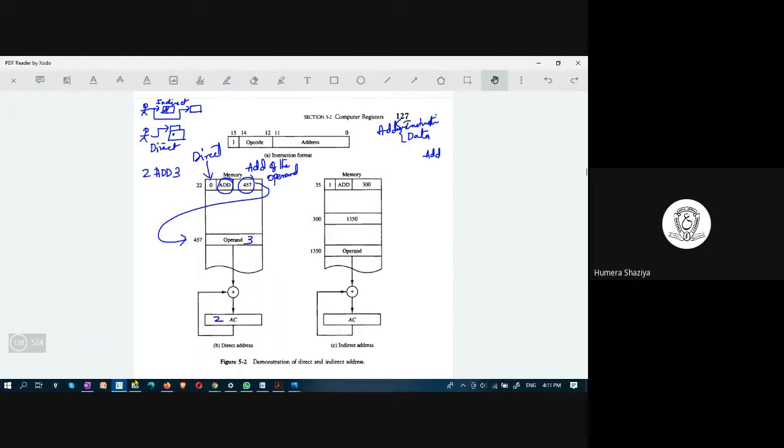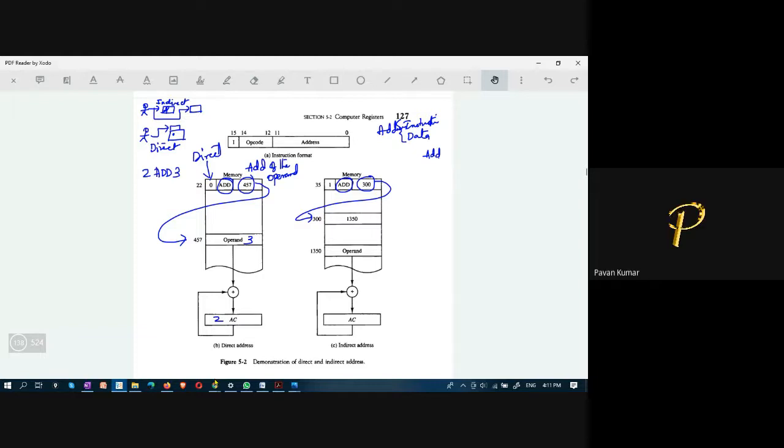Now coming to indirect address, you see here we have the operation add and the address 300. When you go to 300, are you finding the operand? No, ma'am. Why? Because it is indirect. How do you know it is indirect?